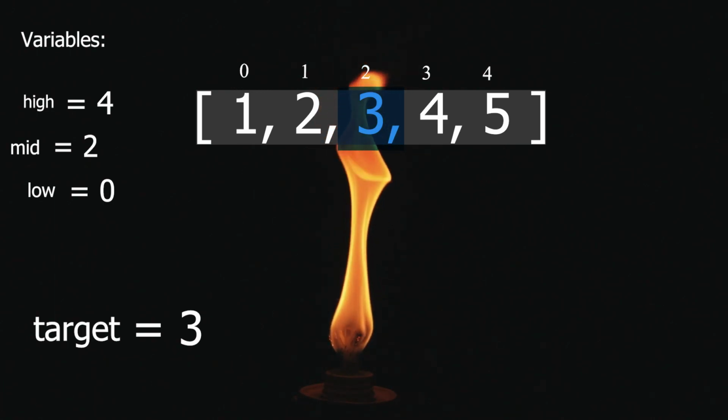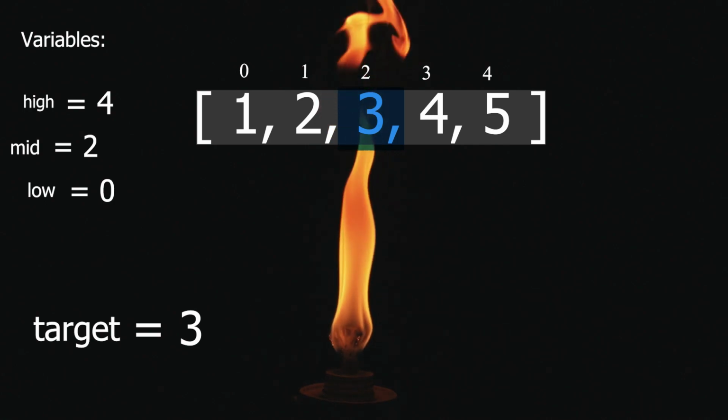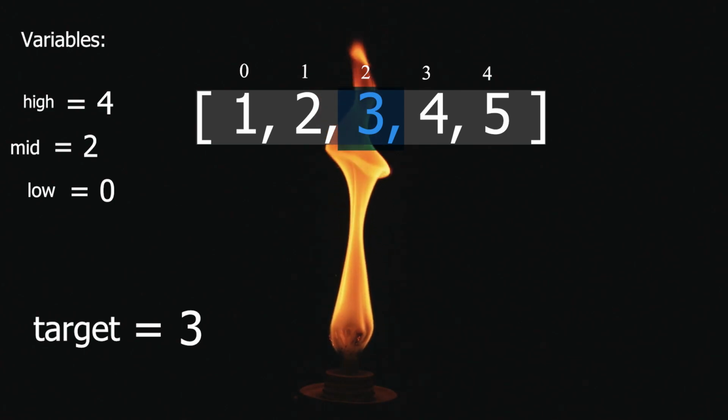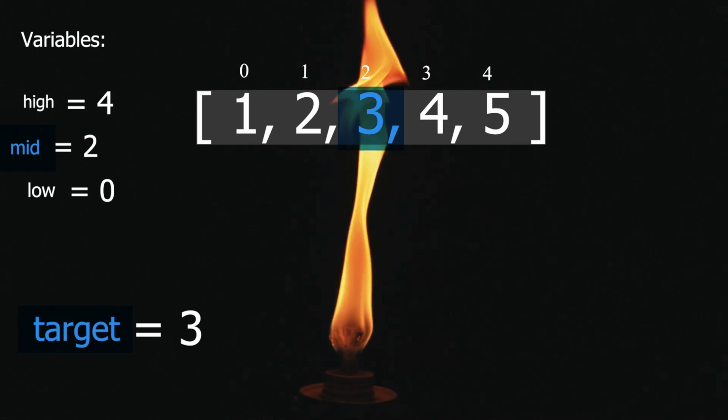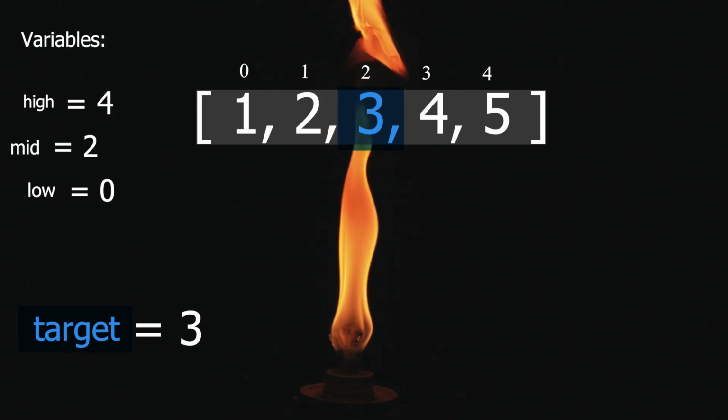The index is always one less than the actual location. We see that we found the target. If you look at the third number, we see that we found the target. We are looking for number 3. If the midpoint is equal to the target, that means we found it and it's in the list.